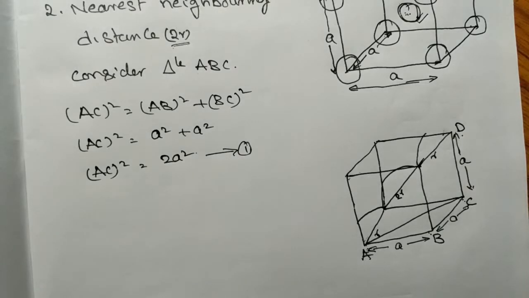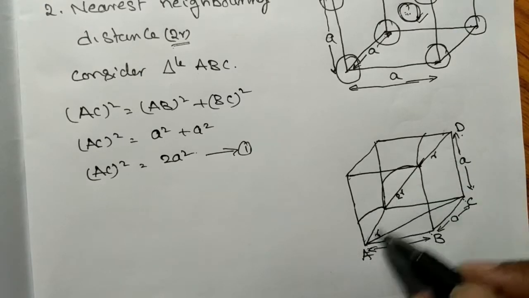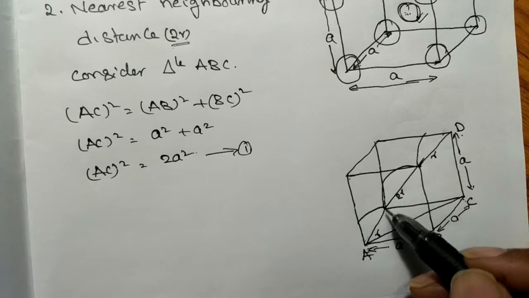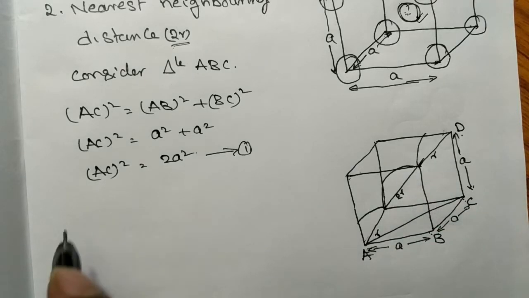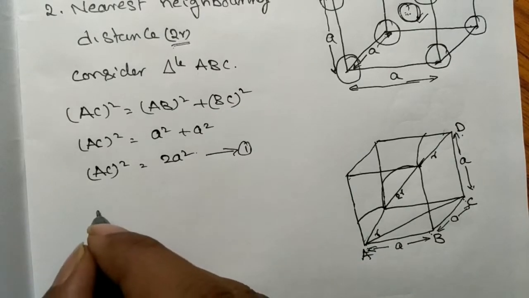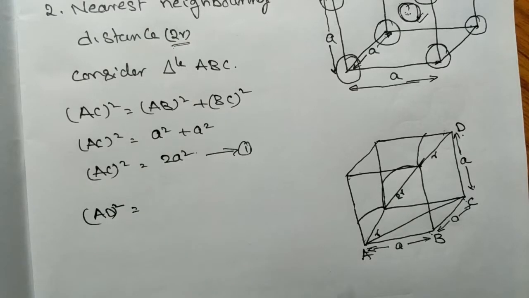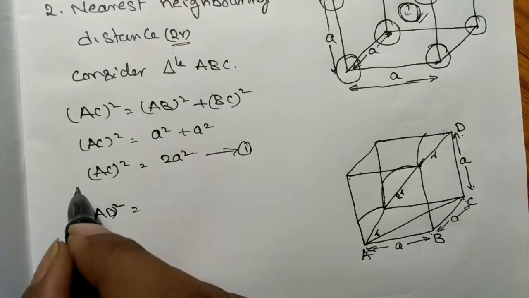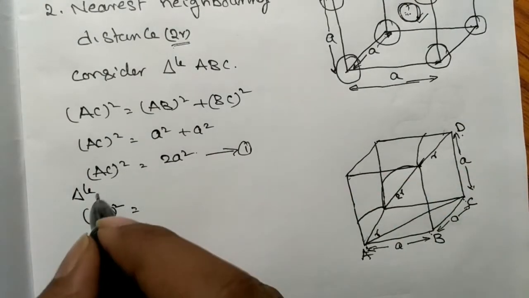Now I have to find the value of AD, the linear chain of atoms, the distance between any 2 successive atoms. Again we apply the Pythagoras theorem. Consider the triangle ACD.